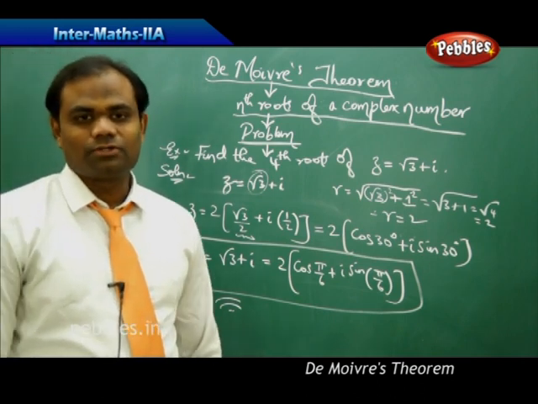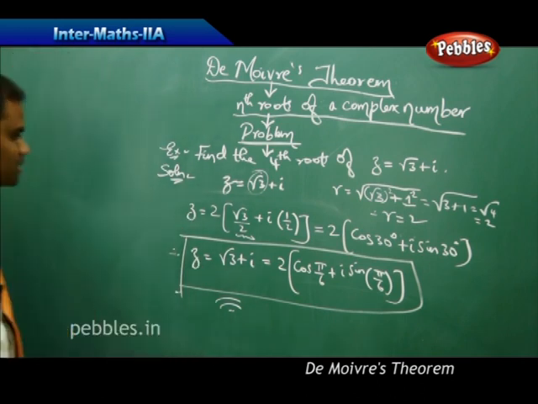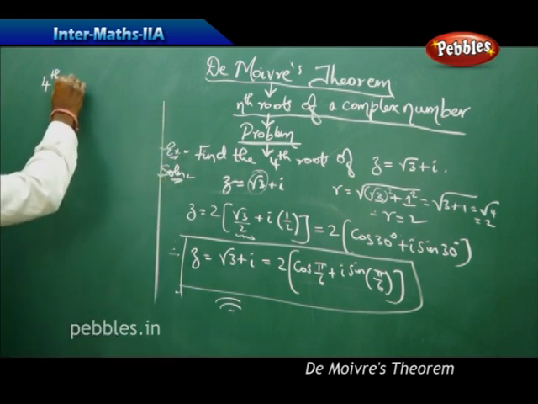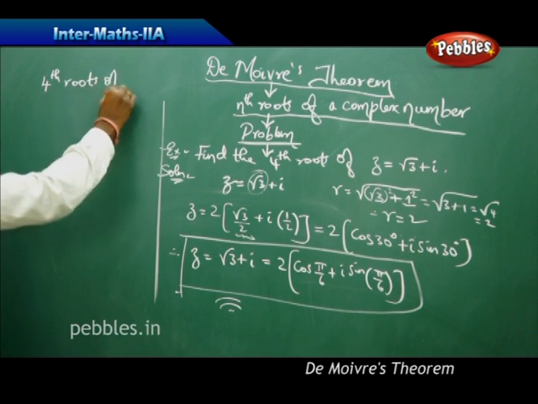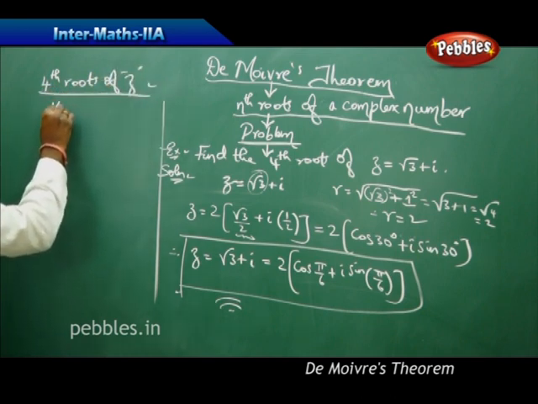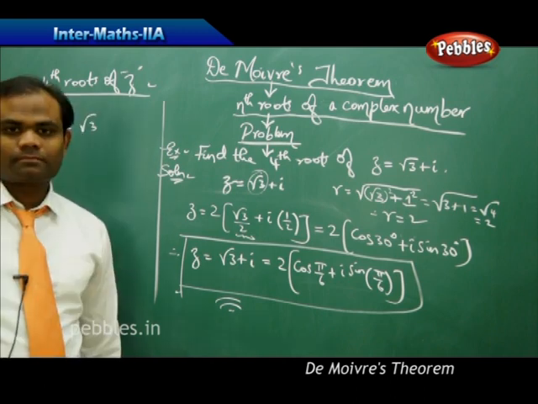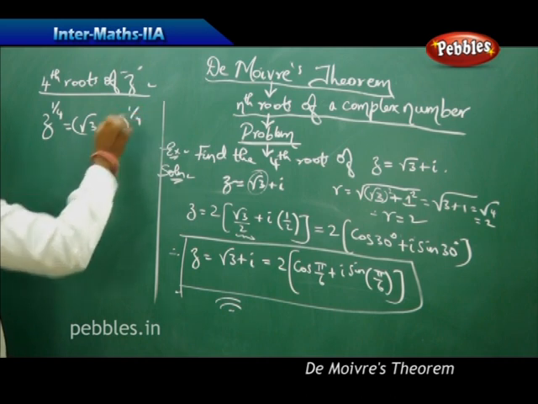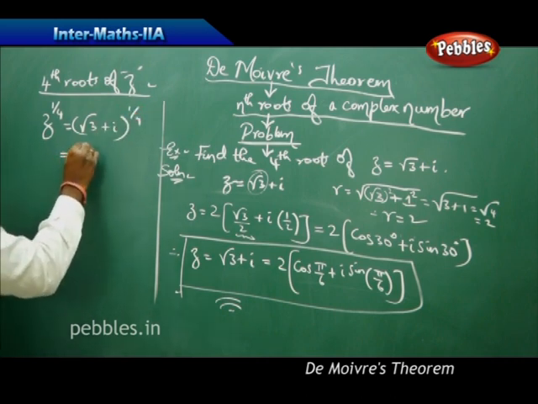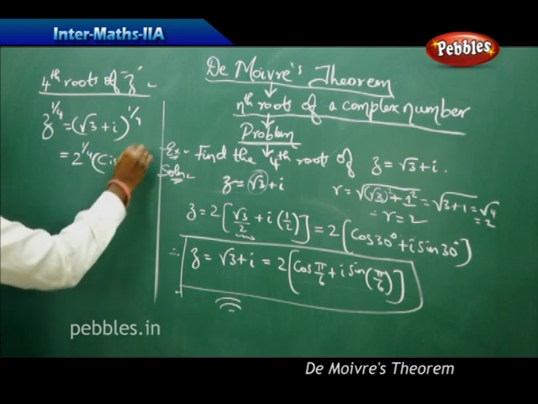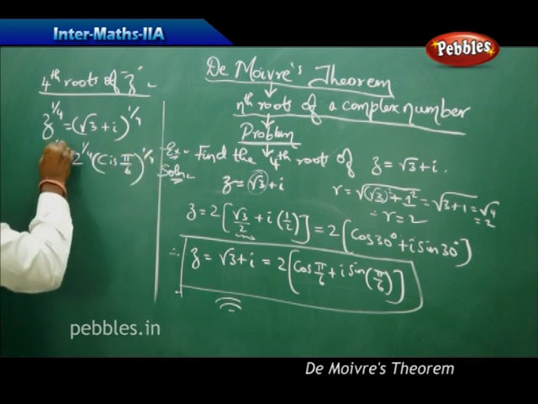Therefore, in order to find the fourth roots, I find the fourth roots of z, which implies z power 1 by 4. z power 1 by 4 is root 3 plus i power 1 by 4, which is nothing but 2 power 1 by 4 of cis pi by 6 whole power 1 by 4.